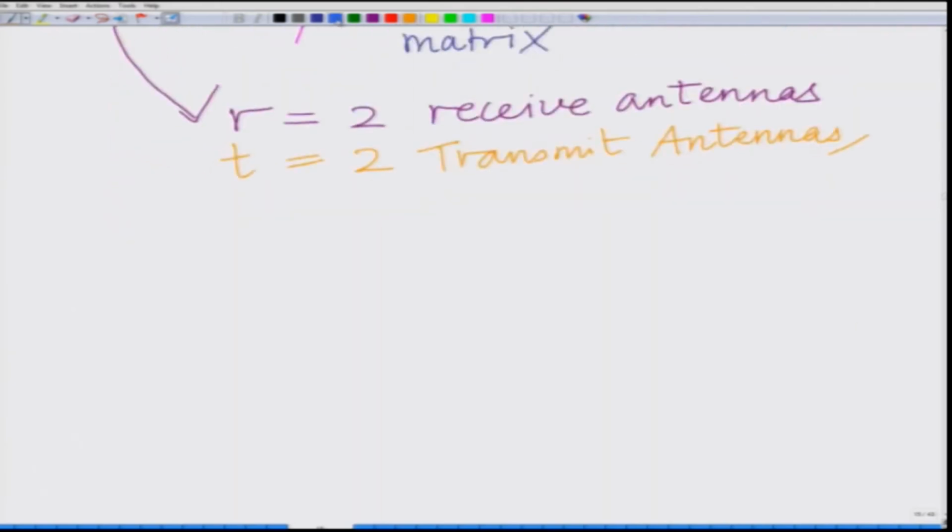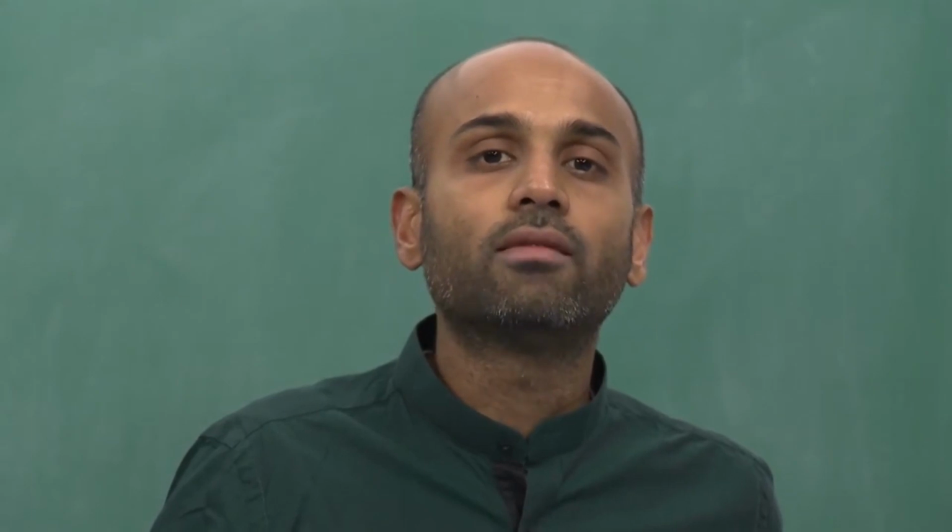The notation is R cross T, where R is the number of receive antennas and T is the number of transmit antennas.